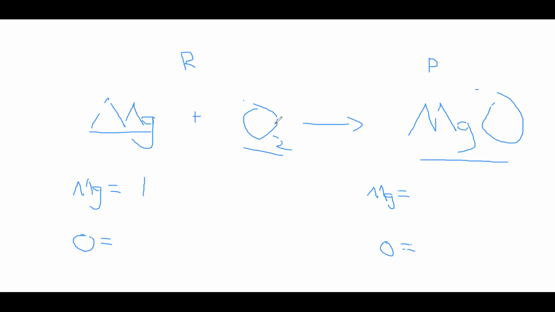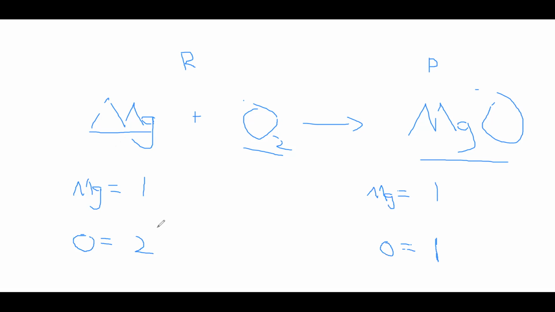And 2 O atoms to start with. So I'll put a 2 right here. Look over in my products and we have 1 Mg atom in our compound over here and 1 O atom as part of that compound. So 1 Mg and 1 O in the products, 1 Mg and 2 O's in our reactants.